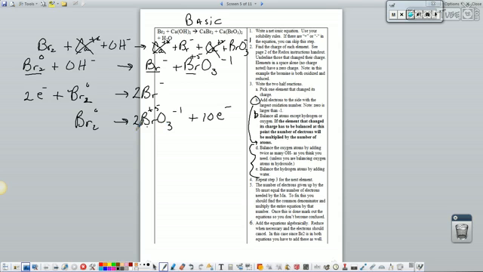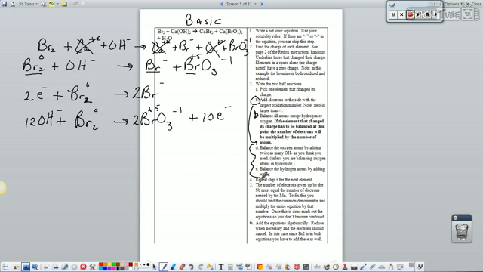So I think I need 6 oxygens. So instead of putting 6 OHs over here, I'm going to put twice as many as I think I need. So 12 OH minus. Again, you're going to add twice as many OHs as you think you need to balance the O's. I have 6 O's. I think I need 6 OHs. I'm going to add 12 instead of 6.